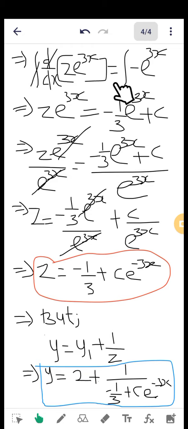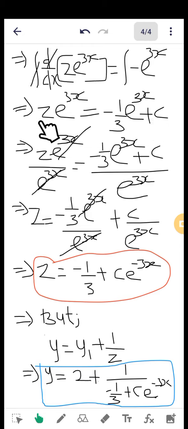Remember, when we integrate an exponential function, we maintain the function, e to the 3x, then we differentiate the exponent, which is 3x, and we get 3. Then we divide by 3. Then we add our constant c.